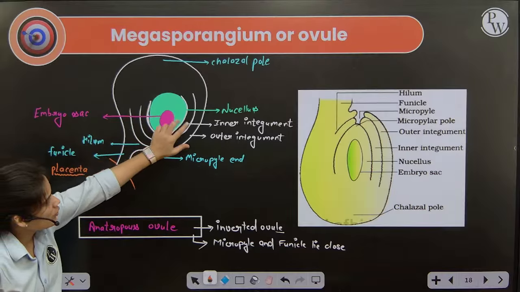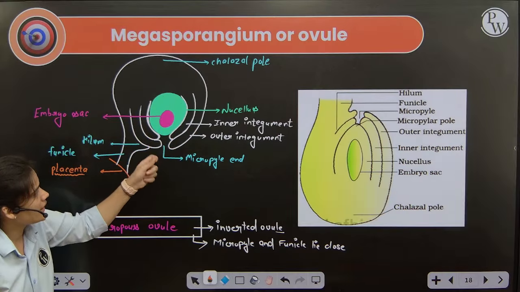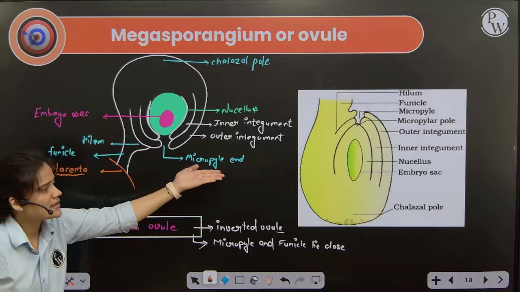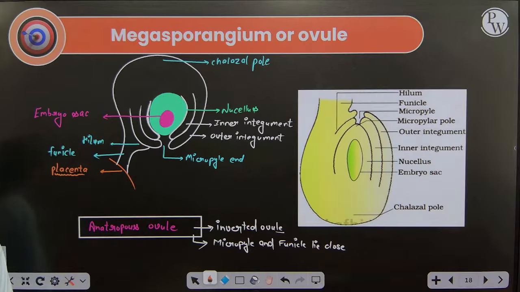These integument layers are absent in some specific region. That region where there is no integument, that is known as micropyle end.